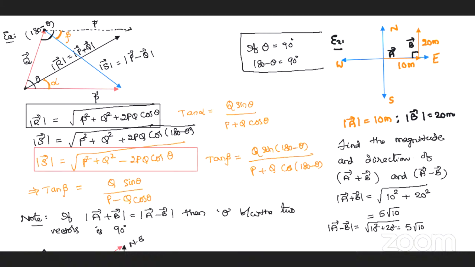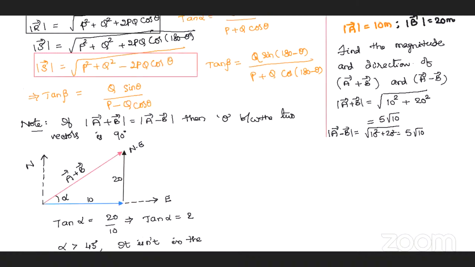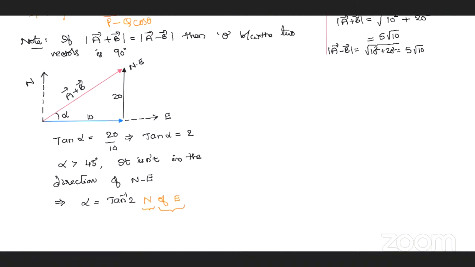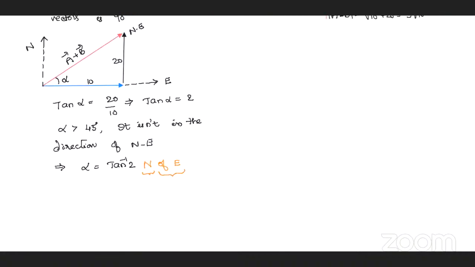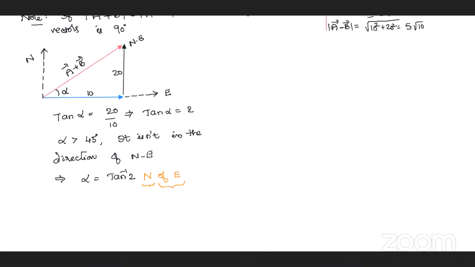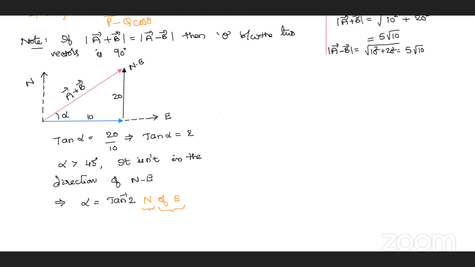Yes, coming back to here. This is only the addition of two vectors, we found a bar plus b bar. So we have to find a bar minus b bar also. A bar minus b bar, you check here, I am writing on the other side.